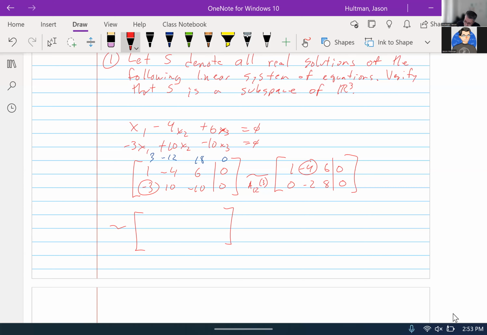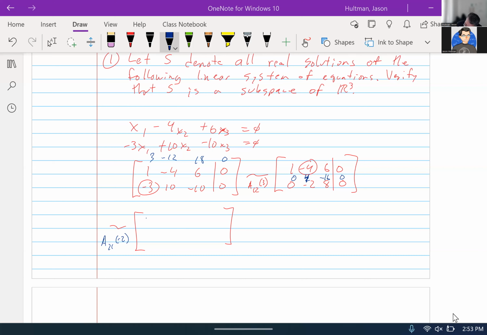If I multiply through by negative 2, I'll get 0, 4, negative 16, and 0.